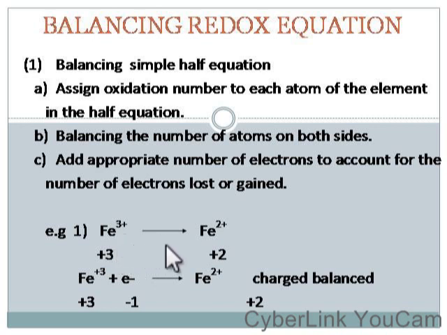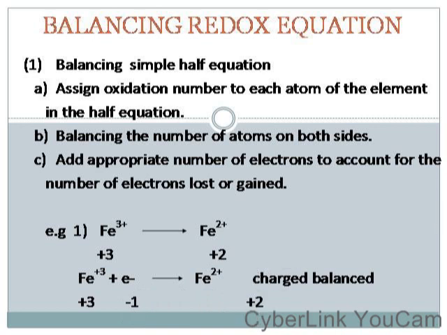Here we have +3, while here we have +2. To balance it, you have to add one electron to the left hand side, that means in the Fe3+ part. And you know electron takes minus, that is -1. So you have here +3 -1, it becomes +2. And then this one we already have +2, so it is balanced.